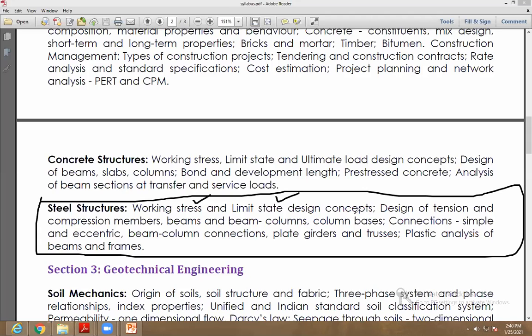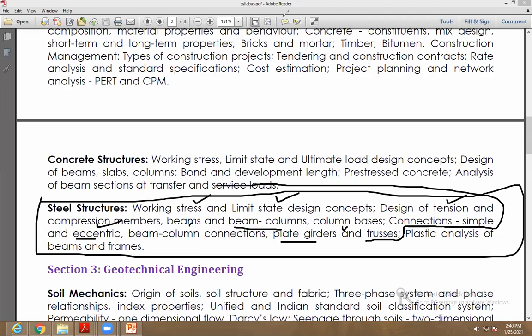In working stress method or in limit state method, you have to design the members such as tension member, compression member, beams, beam columns, column base, then different types of connection, simple connection, eccentric connection, then plate girders and trusses. All this you have to study by using both the methods, that is limit state method as well as working stress method.